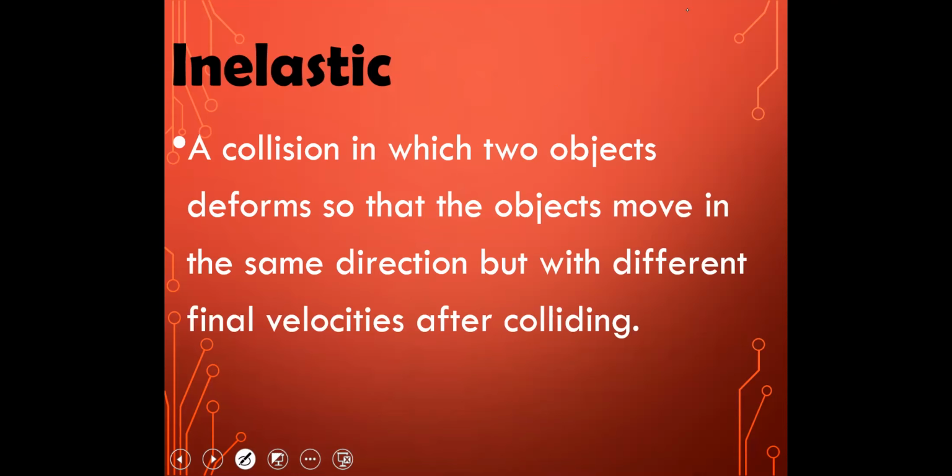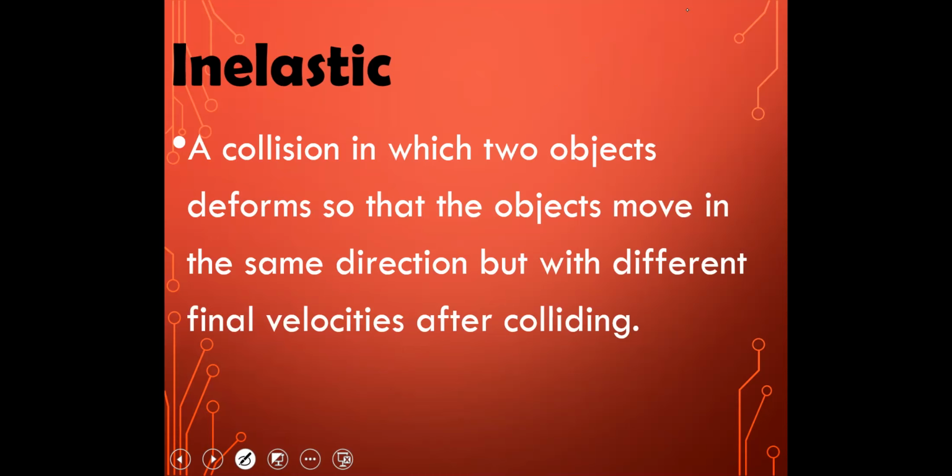What will happen here? The objects move in the same direction. There's a car moving forward, and there's another car that collides with it. Both of them will move in the same direction, but with different final velocities.